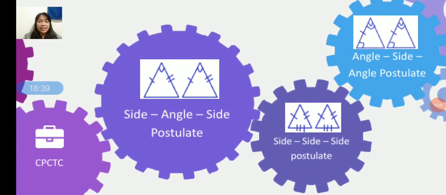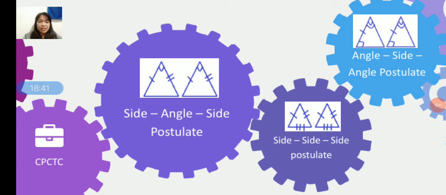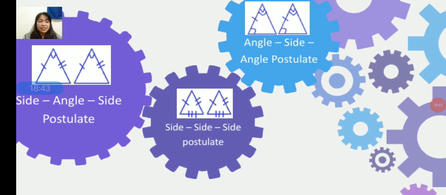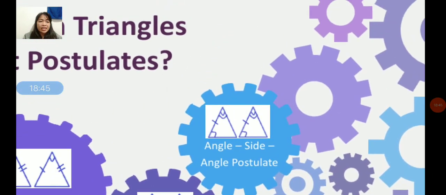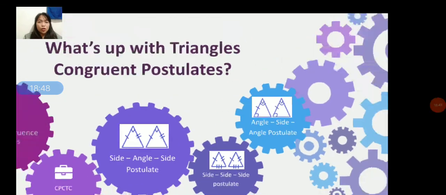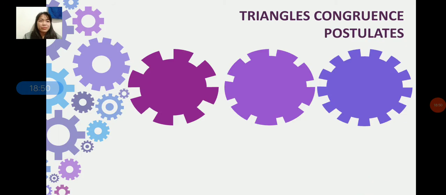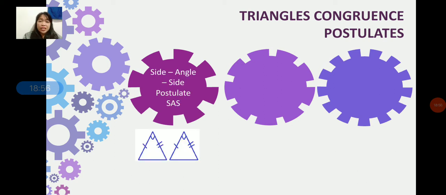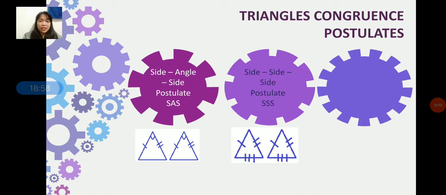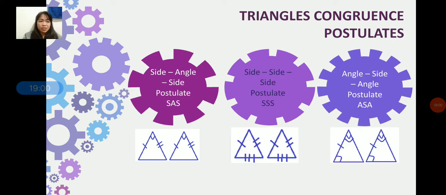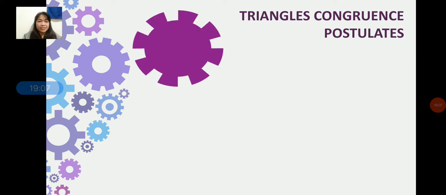These are the three triangle congruence postulates. And then I want you to be familiarized with their symbols. Okay? We have SAS, SSS, and ASA. Now let us proceed with the first one.